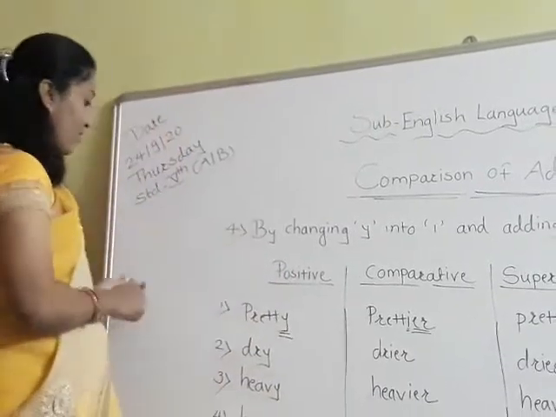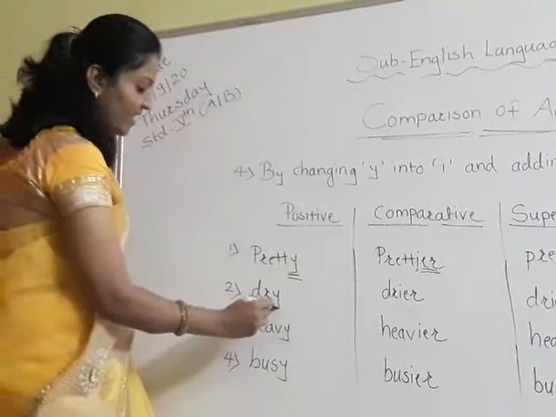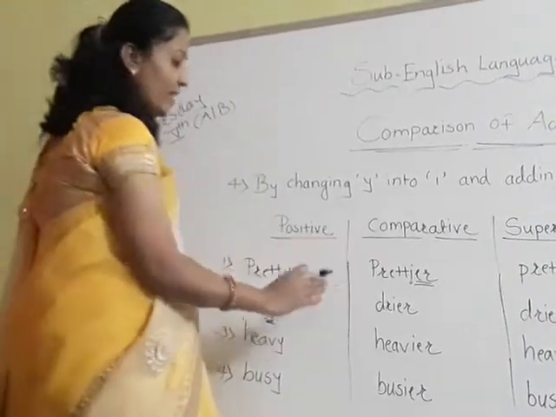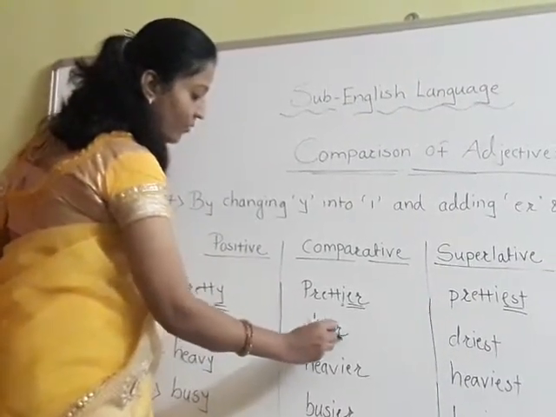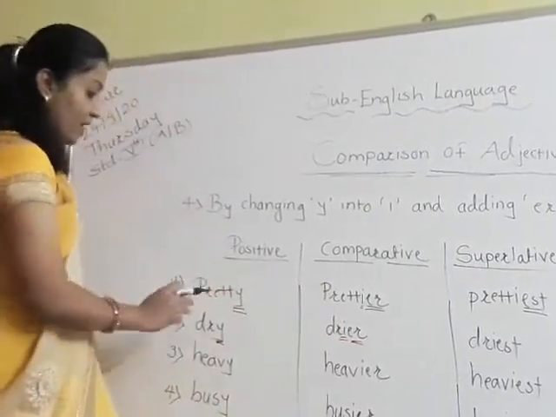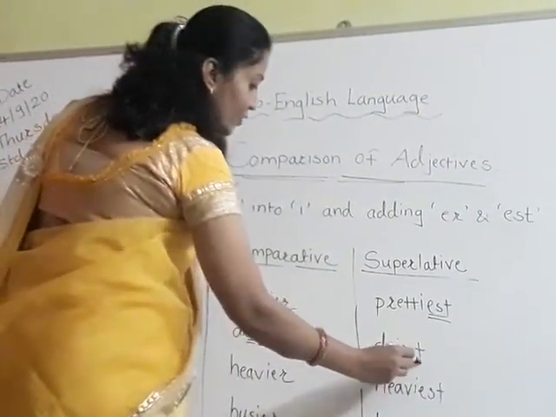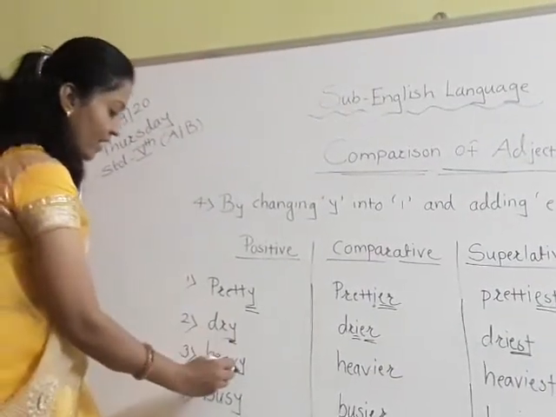Now see the second word, dry. It ends in y. While forming the comparative degree, this y turns into i, and again we add er to this word. Dry, drier, and we add est to that word, driest. Then same with heavy.